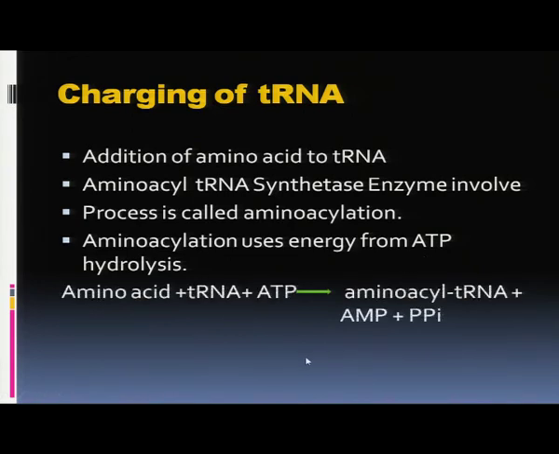The overall reaction is like this: amino acid, transfer RNA and ATP interact with each other in the presence of the amino acid transfer RNA synthetase enzyme, and they will form amino acid transfer RNA and AMP, because 2 phosphates from the ATP are removed to get the energy, and that energy is taken up by the transfer RNA and amino acid to combine together.